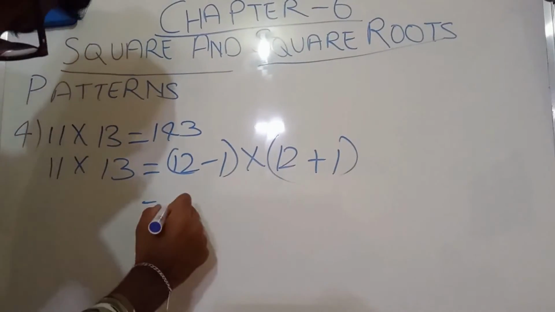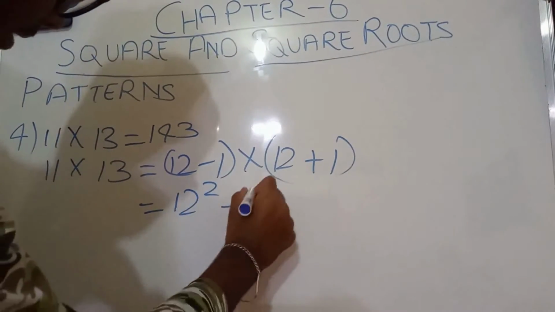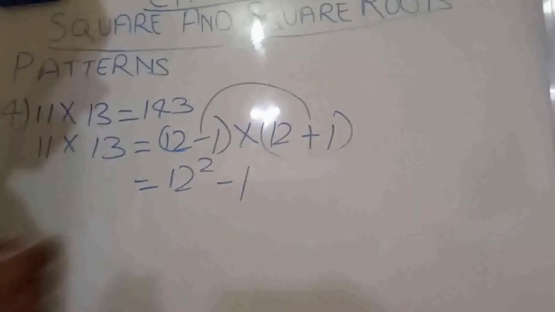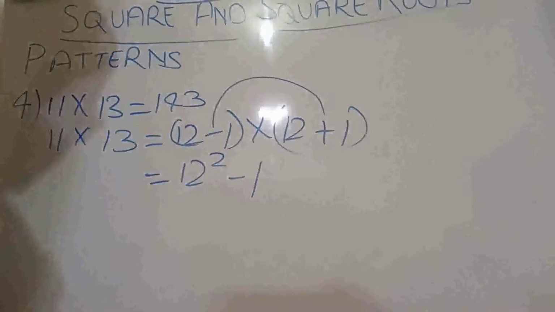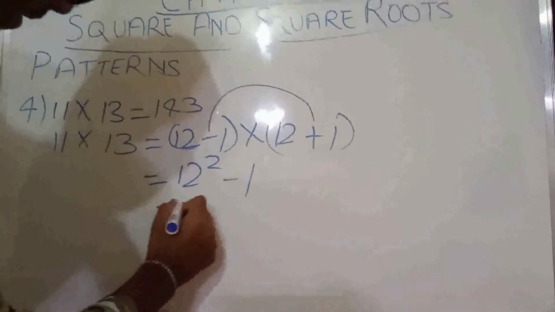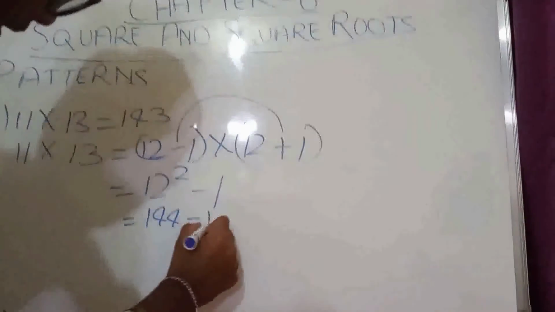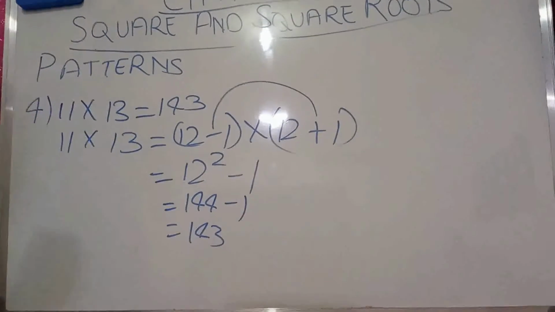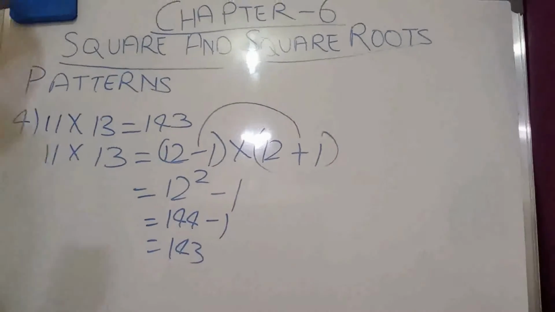So it is 12 square minus 1, because when we multiply minus and plus we get minus, and there are two 12s, so it becomes 12 square minus 1, which becomes 144 minus 1 equals 143. So this is a very easy way of finding products using this square method.